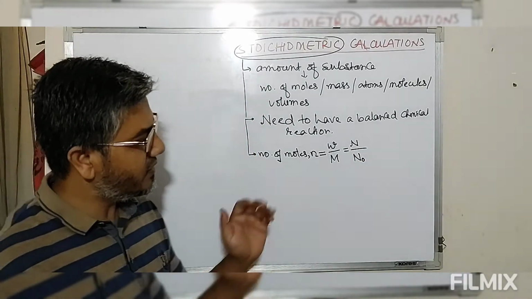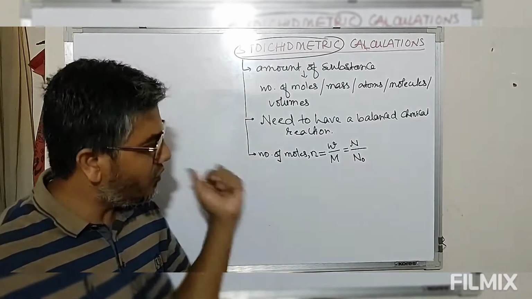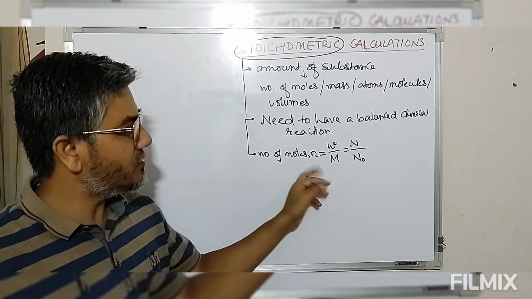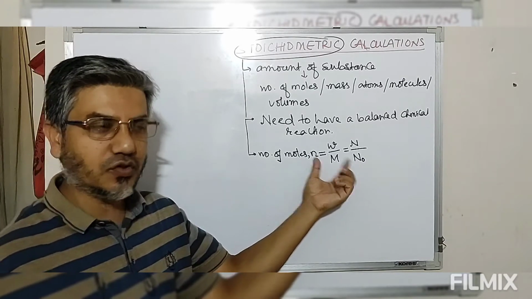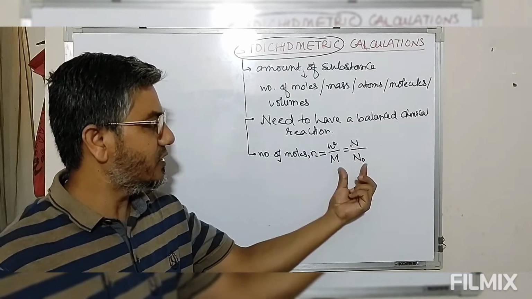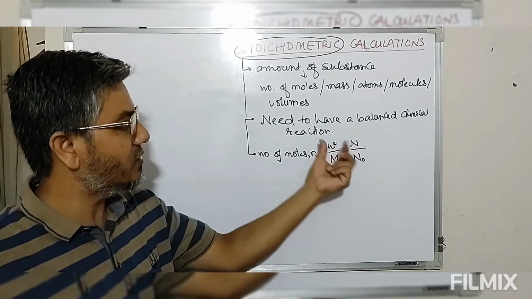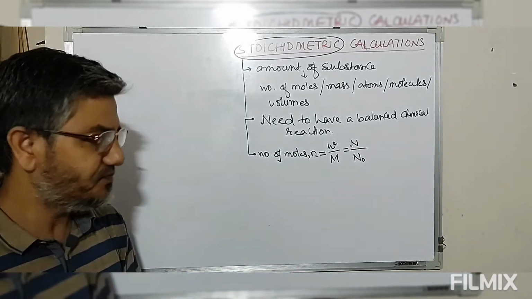So once again, if the number of molecules is given, we can define number of moles, or if the number of moles is given, we can define number of molecules. Or if mass is given, we have to define number of molecules, then we have this relationship. Or if number of molecules is to be converted into mass, then also we have this relationship.